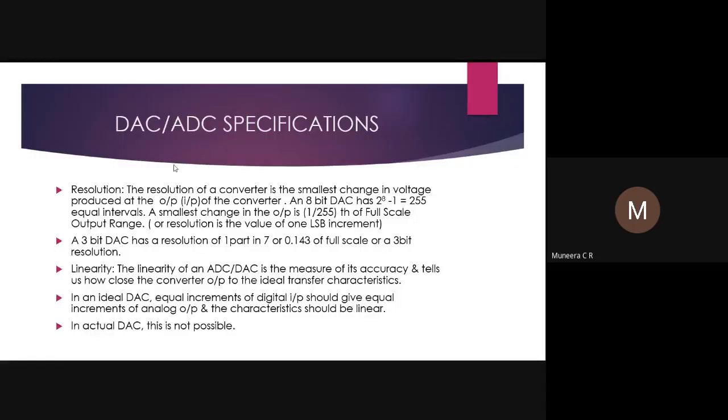So what are the different specifications of ADC or DAC? First one is resolution. The resolution of a converter is the smallest change in voltage produced at the output or input of the converter.